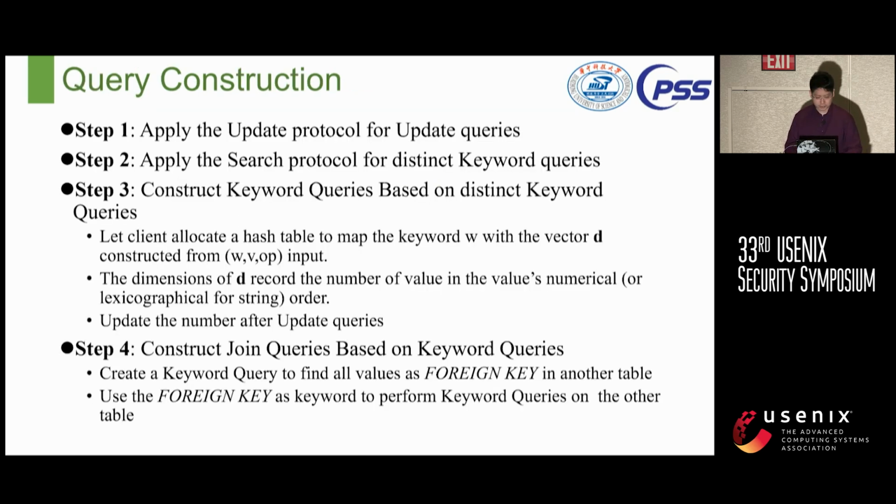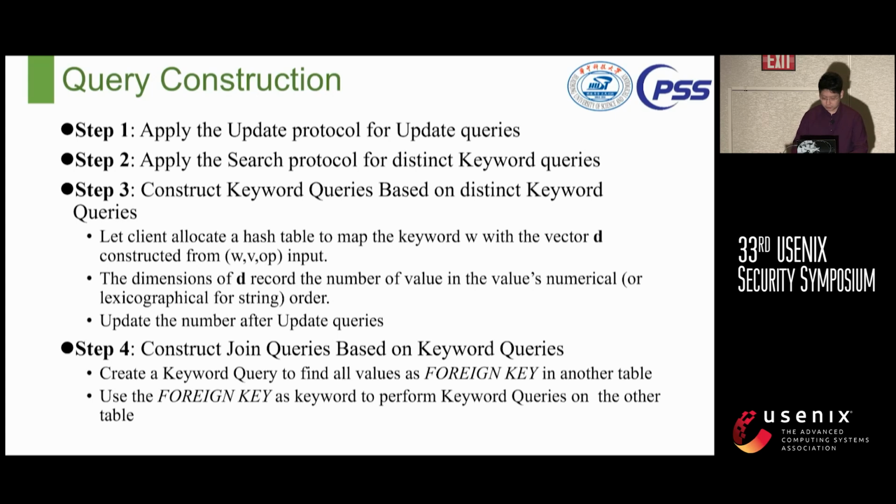In our query constructions, we work through four steps. The first two steps just apply the d-DSE update protocol and search protocol. In step 3, we allocate a local hash map to record the actual repeated values in the client's input, and after the d-DSE search protocol retrieves the distinct values, we restore the actual values.